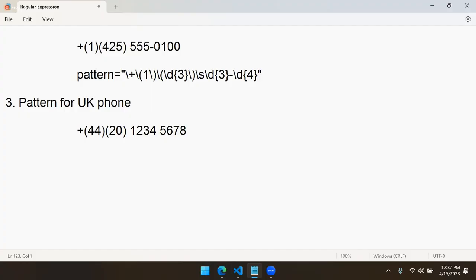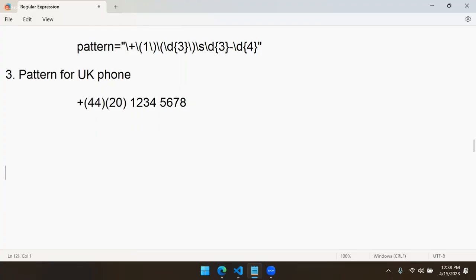After that, 2-digit numbers in parenthesis. After that, 4 digits, then space, again 4 digits. Done it? That is easy, right? You can handle that now.